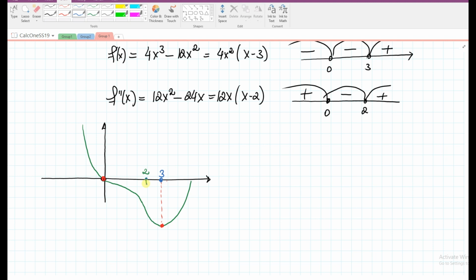But it's decreasing until the 3, right? So maybe starting from here, concave up. And after this, it's still concave up, right? Okay, so we need the first derivatives and the second derivatives in order to sketch the graphs.